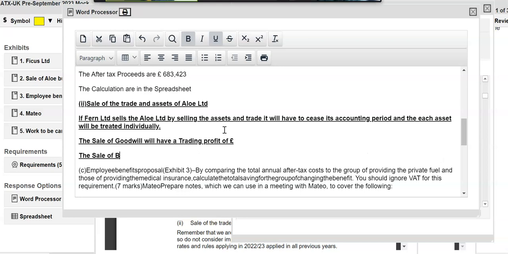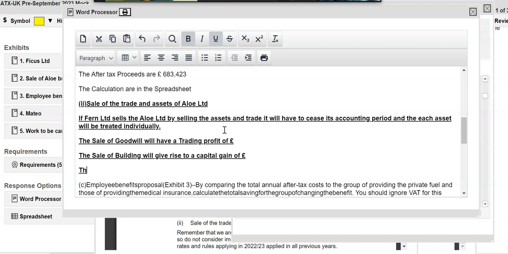The sale of building will give rise to a capital gain of again pound, and we'll write the amount. The stamp duty land tax will be payable by the purchaser.